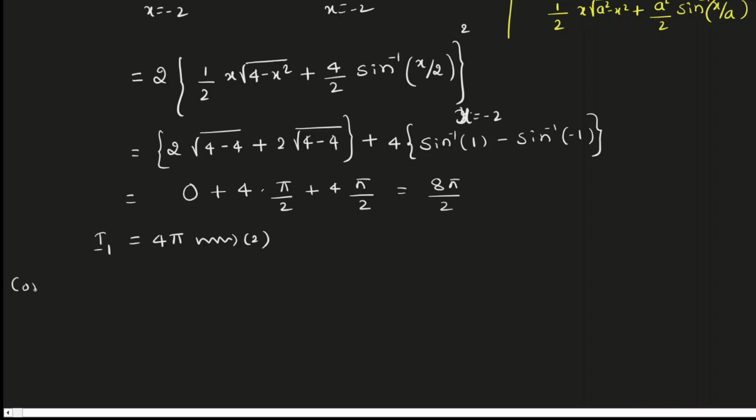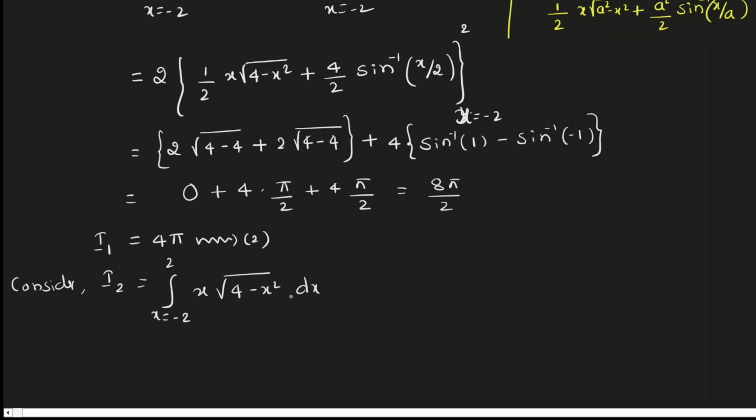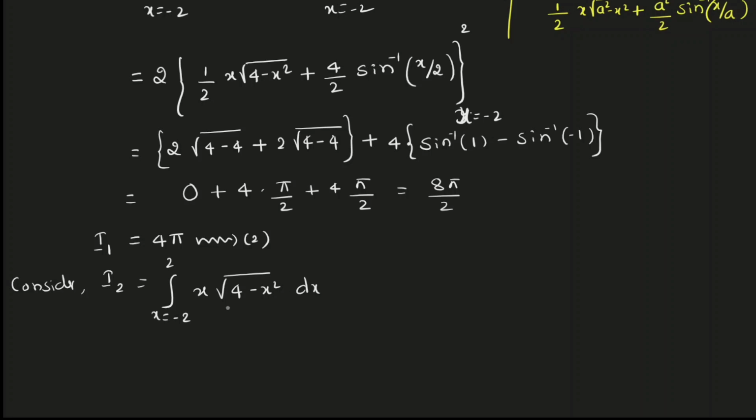Now consider I2. I2 is the integration from x equal to minus 2 to plus 2 of x root 4 minus x square dx. For this we are going to use u into v, integration by parts.